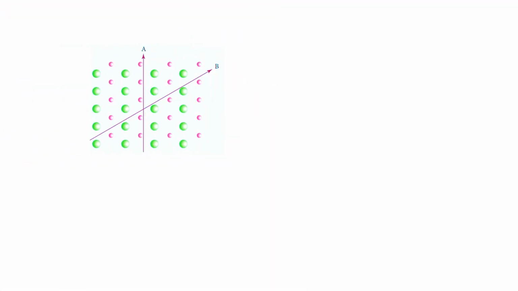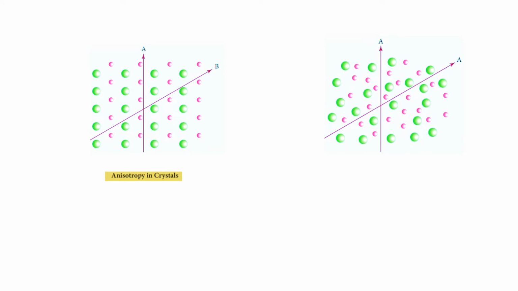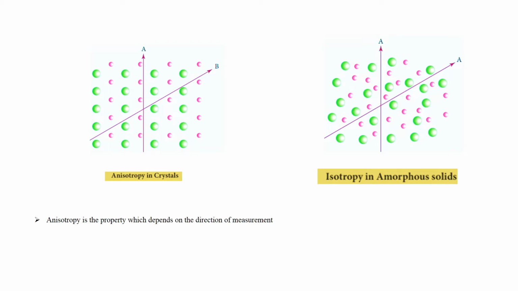And this is an example of anisotropy in a crystalline solid, and this is isotropy in nature in an amorphous solid. Anisotropy is the property which depends on the direction of measurement, and crystalline solids are anisotropic.